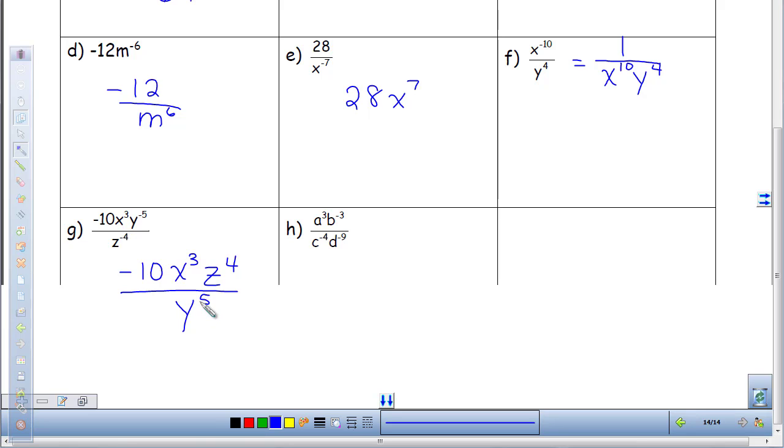Okay. How many people got those answers? Or that answer? Okay. All right. And then for H, we've got a cubed, c to the 4th, d to the 9th over b cubed. Okay, questions about that?